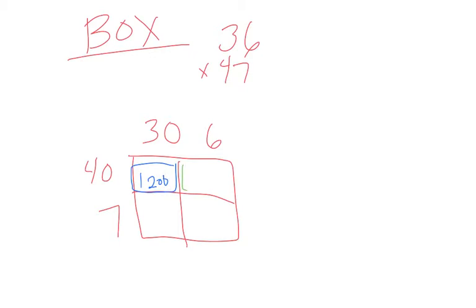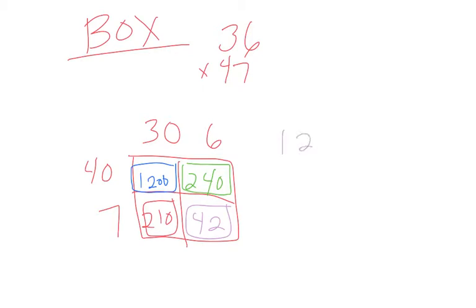Then I've got 40 times 6 is 240. 30 times 7 is 210. And then we have 7 times 6 is 42. So then I have all of these partial products.